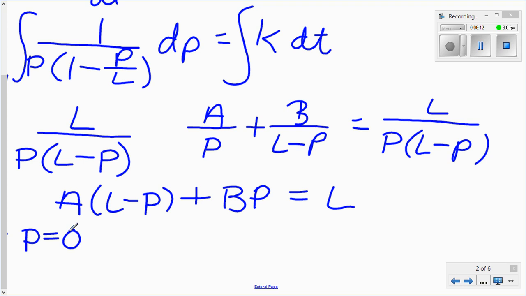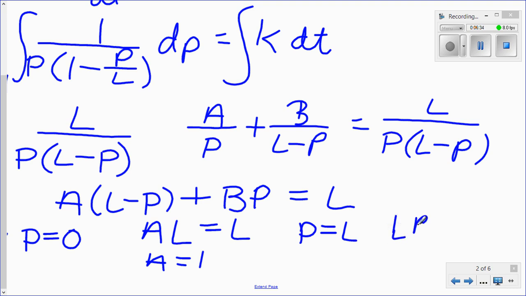If I set P equal to 0, I'll end up with A times L equals L. And then if I solve for A, L divided by L equals 1. Okay, my next convenient value, I'm going to let P equal L. So if I do that, I end up with L times B equals L, divide by L, and I get B equals 1.